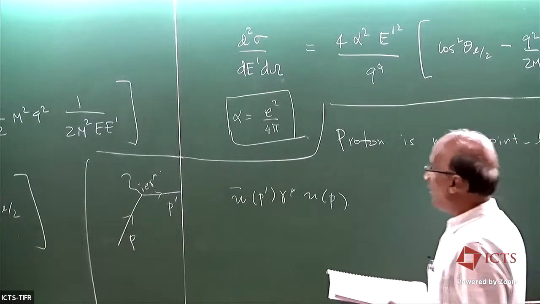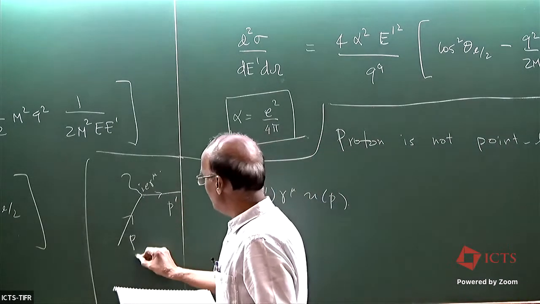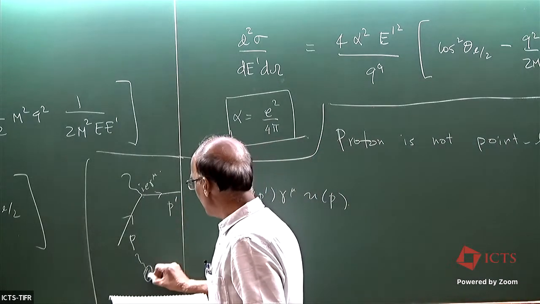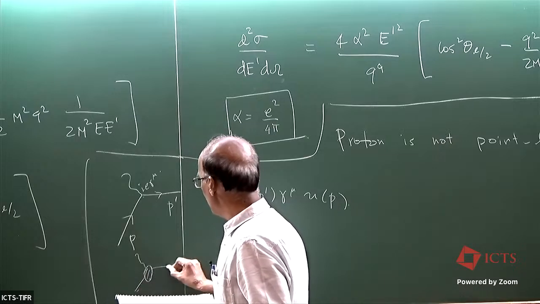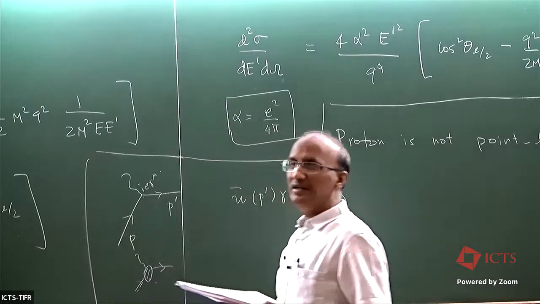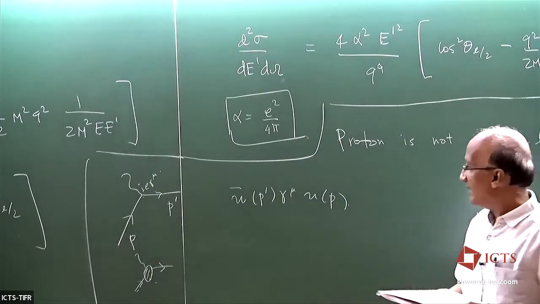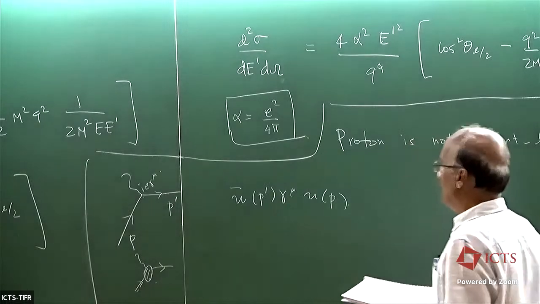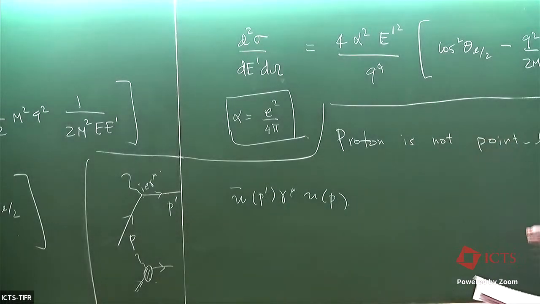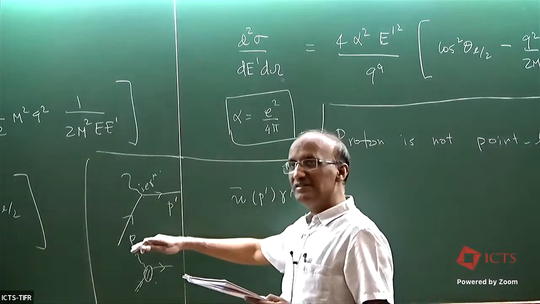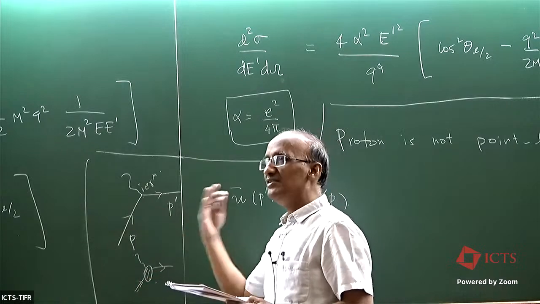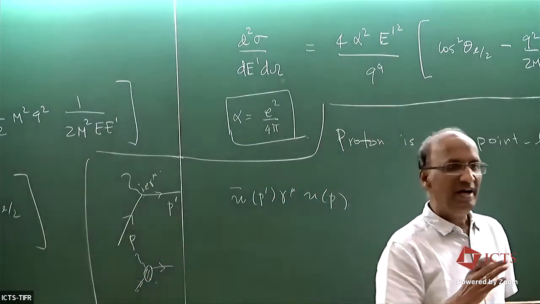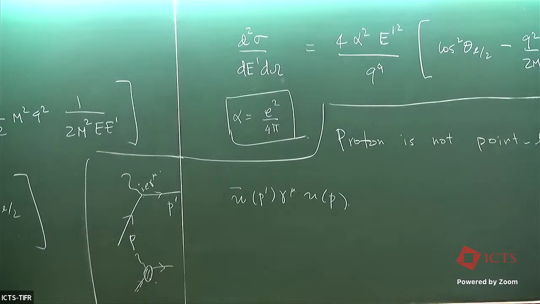If it is not point-like, if it has some complicated structure which I don't know, then I cannot write this simple-looking formula. However, if I assume that this interaction is electromagnetic and preserves certain symmetries, then I can write down the most general vertex.